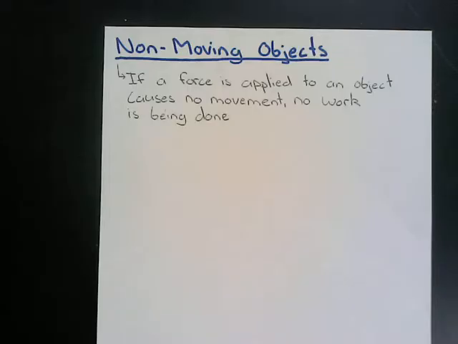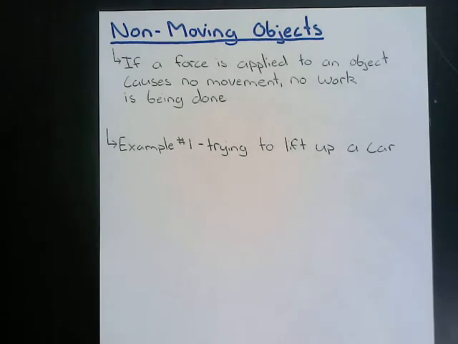Now, let's go through 2 examples where we can apply this. Example number 1 is you trying to lift a car up. Let's say you're on that back bumper and you're trying to lift up on the car, and you may apply a large force, but if the distance that the car moves is equal to 0, the work done on the car is also equal to 0.